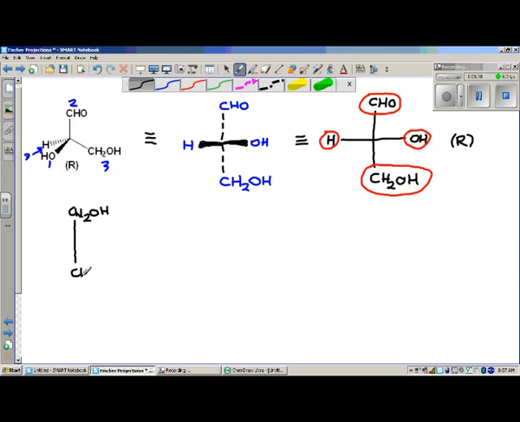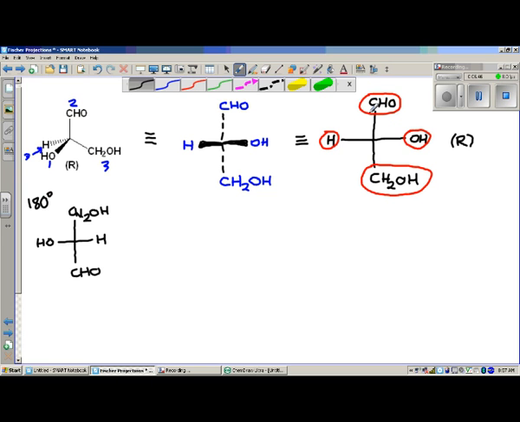Therefore my CHO ends up on the bottom, my H ends up on the right, and my OH ends up on the left. So this is after a rotation of 180 degrees.